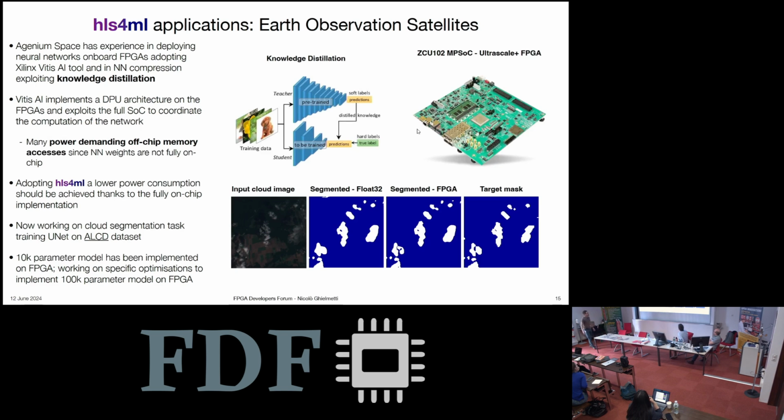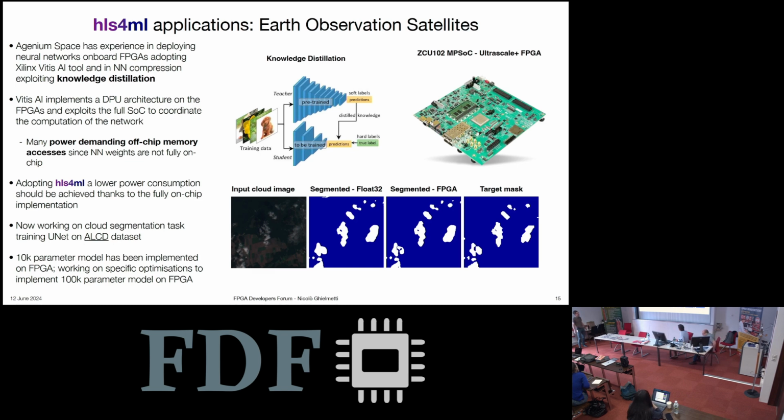At the moment, we are working with a knowledge distilled model from Agenium Space that has a tool for knowledge distillation. Knowledge distillation is another compression technique in which a pre-trained teacher model teaches a student the knowledge, in order to have a smaller student model that performs well, even if it's smaller.